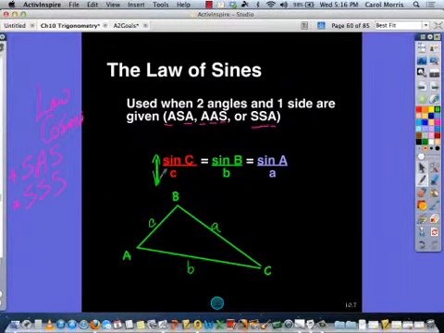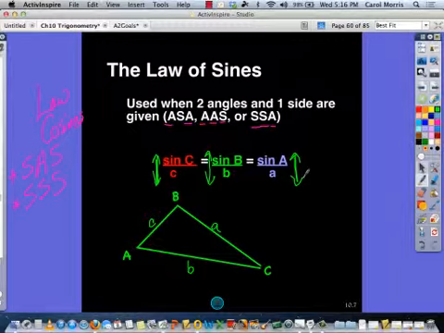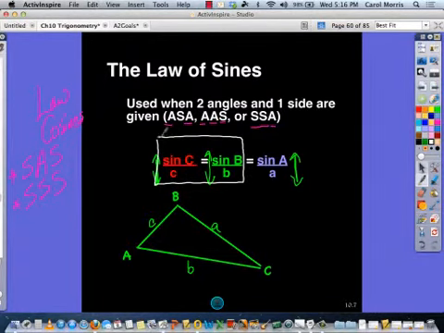Okay, same thing if I have the angle B and its relationship of little b, the angle A and its relationship of edge a. If you look at those, I put the arrows down, they can go either way. As long as you're consistent, sines can be on top or edges can be on top, but it shouldn't be all mixed up. And then the last but not least, you only use 2 of these at once. We don't have 3 of them.